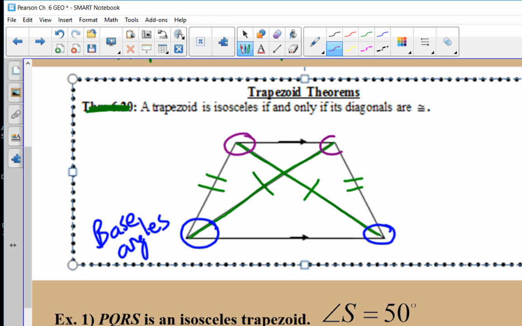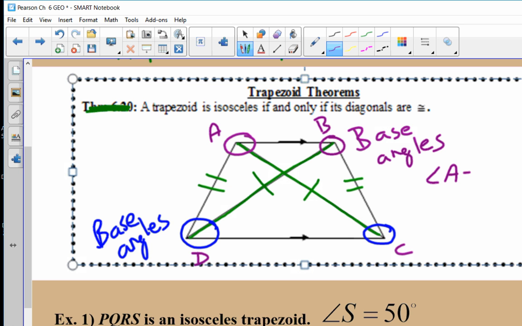So really, I've got pairs of base angles. And in an isosceles trapezoid, these base angles are going to be equal to each other. So let's letter this. Let's call this A, B, C, and D. So angle A would be equal to angle B, and angle D would be equal to angle C by our base angles.